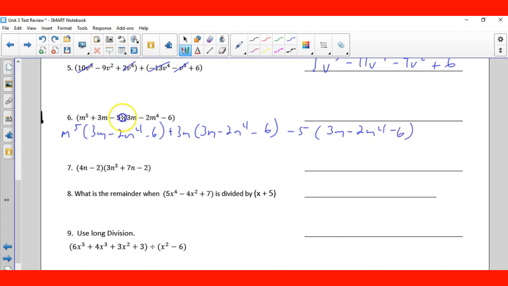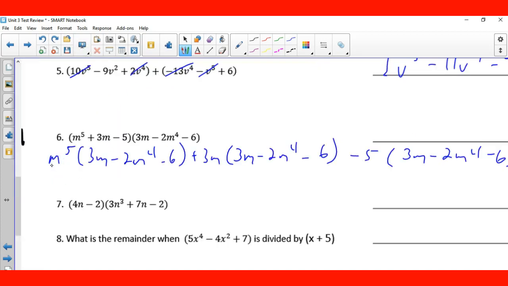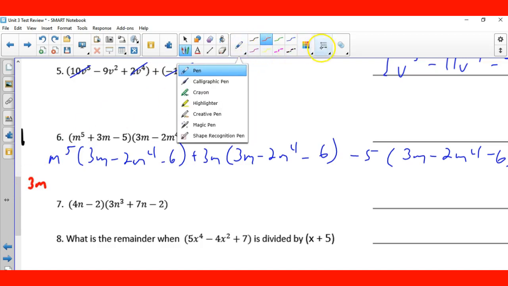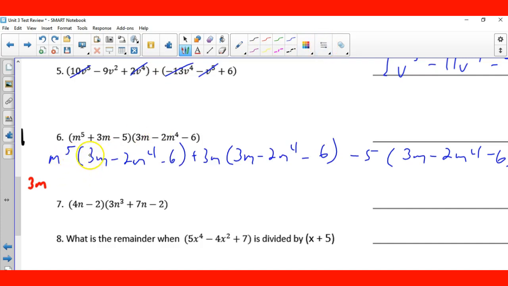Alright, so let's FOIL all this out. I'm going to make this bigger just so I can have more space to write. Doing so, you get right here m to the 5th times 3m gives you 3m to the 6th.